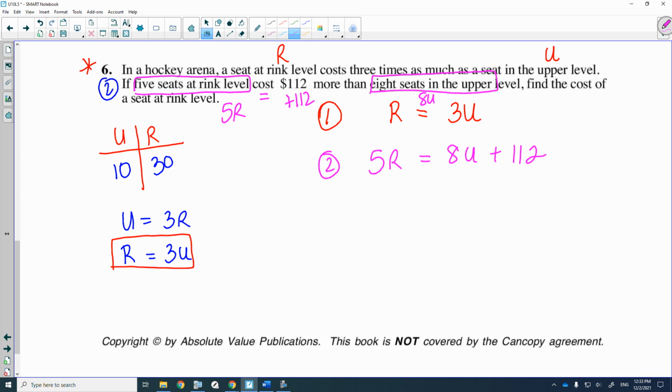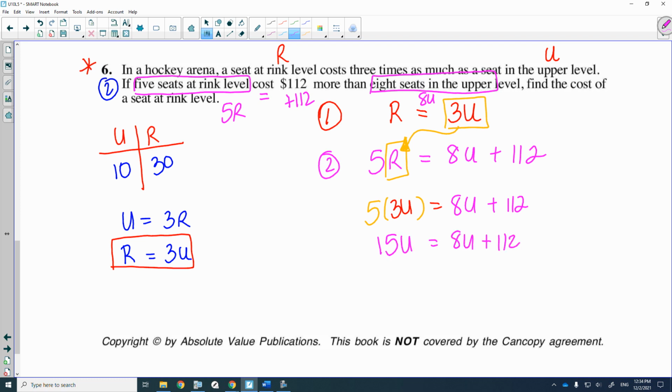I personally would do substitution because they have what R is equal to. I'd be taking out that R and I'd be putting in 3U. So 5 times 3U is equal to 8U plus 112. 15U is equal to 8U plus 112. Join your U's, figure out what each upper level seat costs. Yes, you're good. Okay, how would you join your U's? Are you going to subtract 8 or subtract 15?